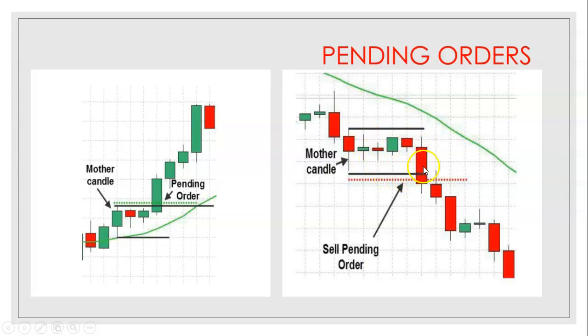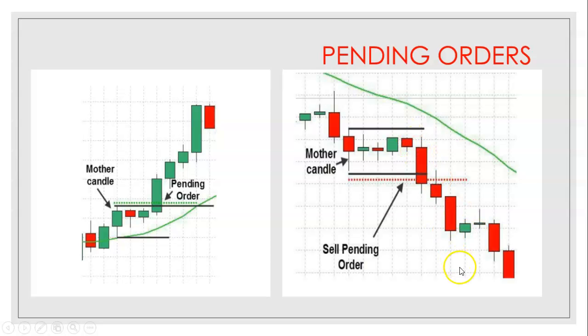So we're waiting for this to break out downwards. We are going to place our pending sell order just beneath the low of this mother bar, just a few pips away. You see it? We put it there, then you expect it to break out of this range.